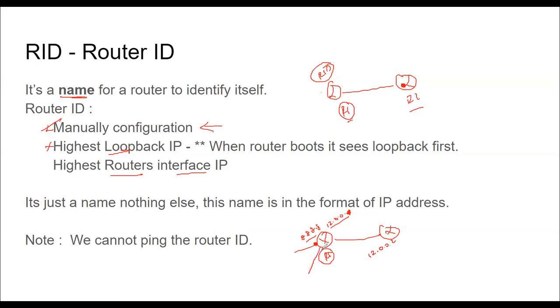I have another interface also. Interface IP is 18.1.2.3. But I'm not running OSPF on this interface. I'm running OSPF on this router on this particular link alone. So the answer could be this one or this one or this one.